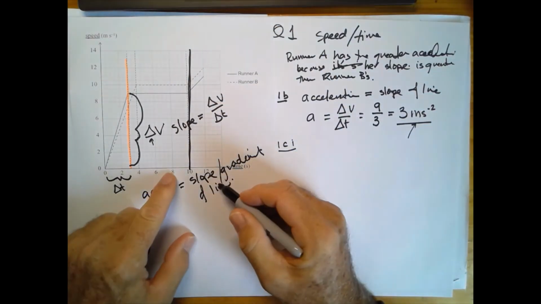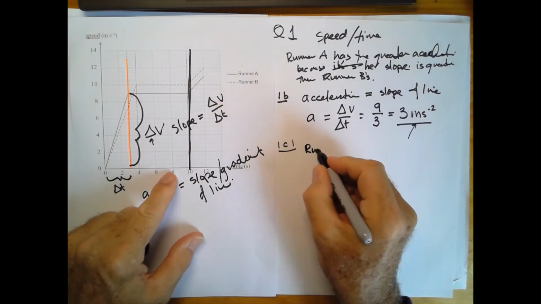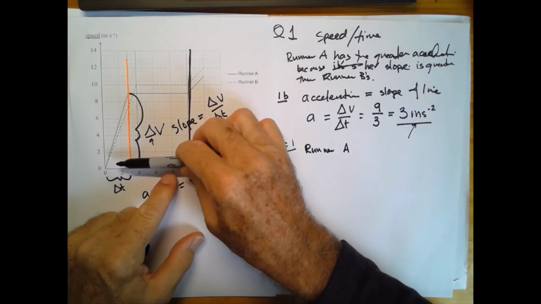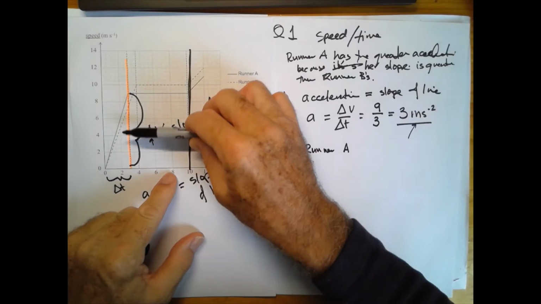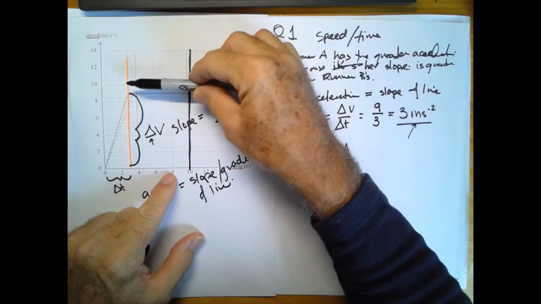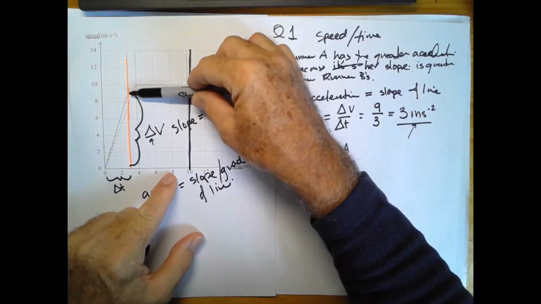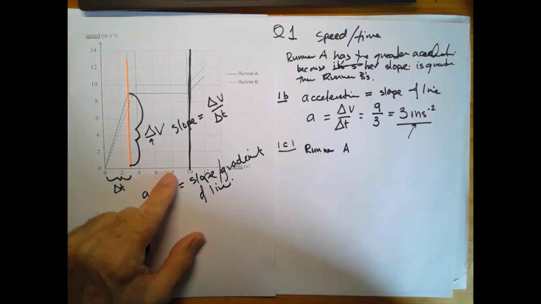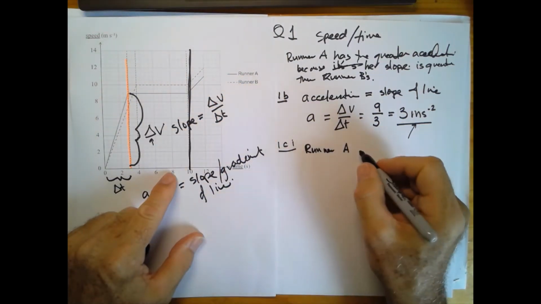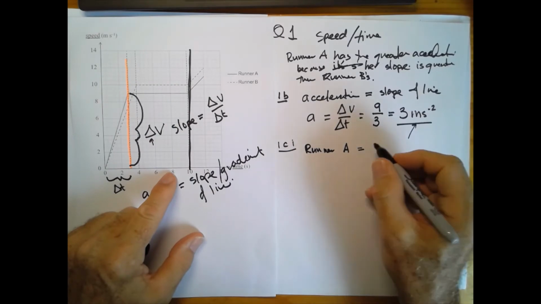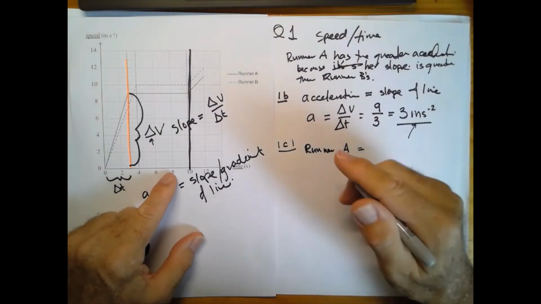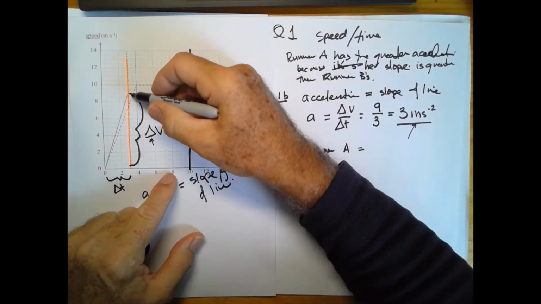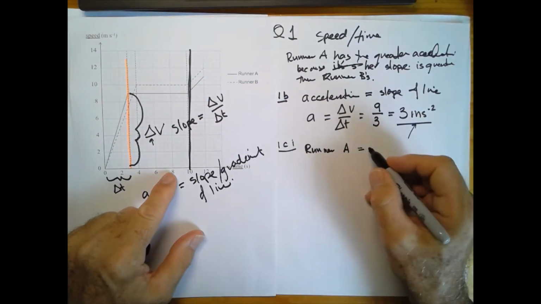So let's look at runner A. Runner A increases his velocity from 0 up to 9 meters per second in the first 3 seconds.